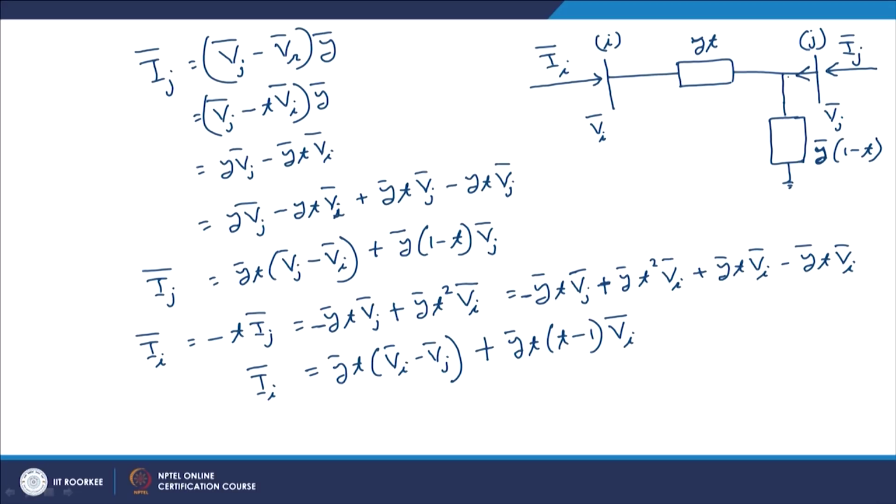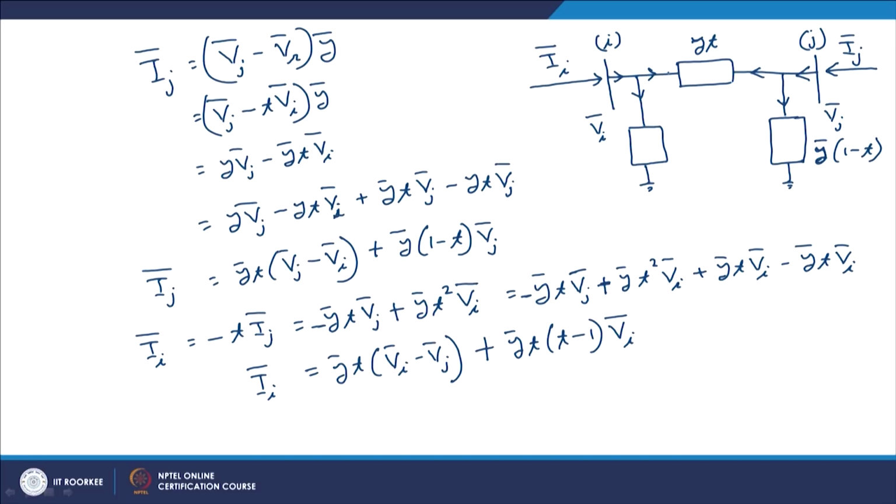So, this Ij will have two parts. One part is going towards bus i, which is given by Vj minus Vi into Y T, that is this part, and the other part which is going to the shunt is Vj into Y into 1 minus T. Now, if we look at Ii, this current is also going here, and I have another shunt part at this point. This current will have two paths: one going to the shunt and the other going through the series towards bus j.